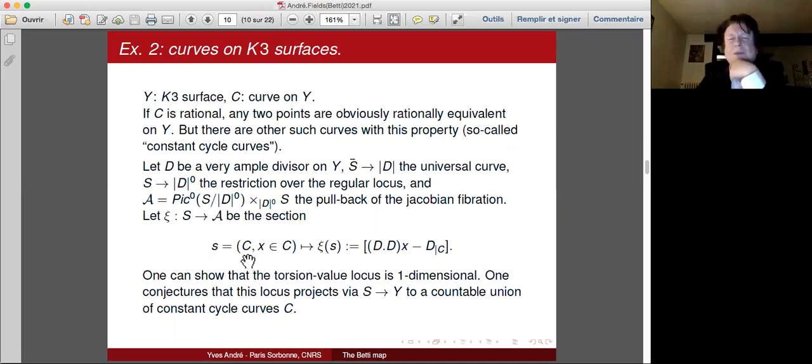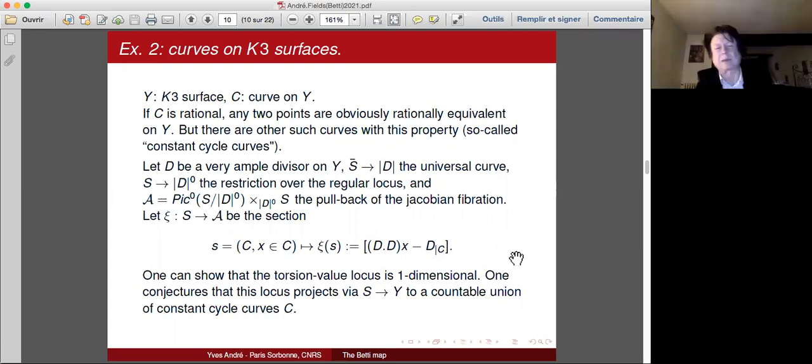If you start with a curve and a point on this curve, you can associate to this pair xi of S, which is given by a point in this Jacobian, which is just the self-intersection of D, a very ample divisor on Y, times X, minus the restriction of D to C. This is degree 0.